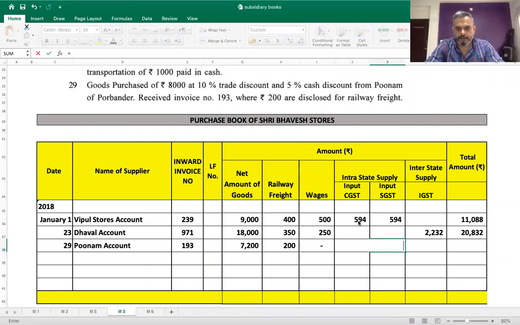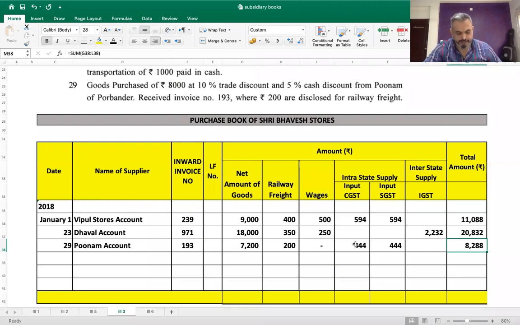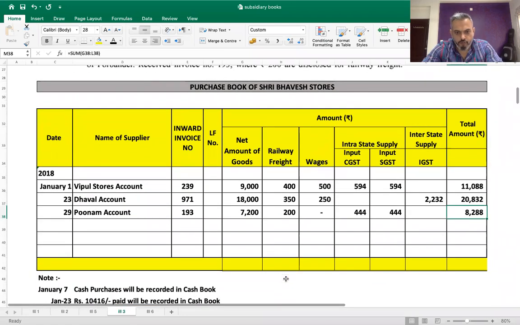And then again 444. And then the total 8,288. Now this is over. Do all the totals now.